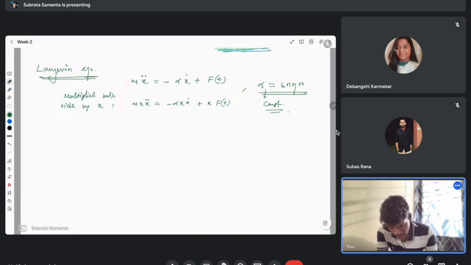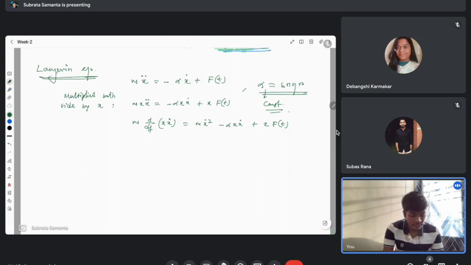Then we can write this in a more compact form: m times the derivative of x x dot equals m x dot squared minus alpha x x dot plus x f(t). You can do the back calculation using derivatives and you get this.